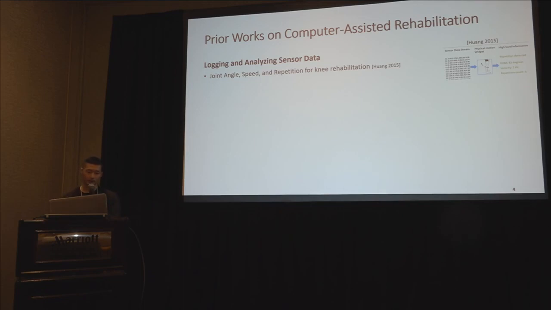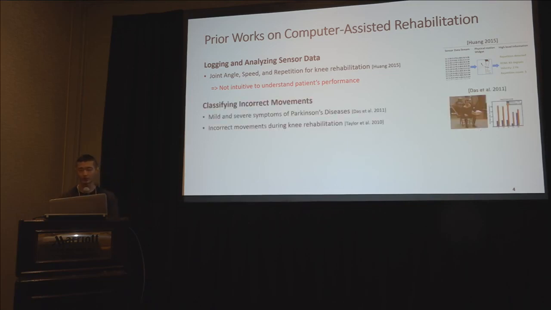So researchers attempt to improve rehabilitation practices with computer technology. First, they try to log and analyze sensor data to track exercise metrics such as joint angle and number of repetitions. However, according to user studies, therapists consider analyzing sensor data still not intuitive for understanding an individual patient's performance.